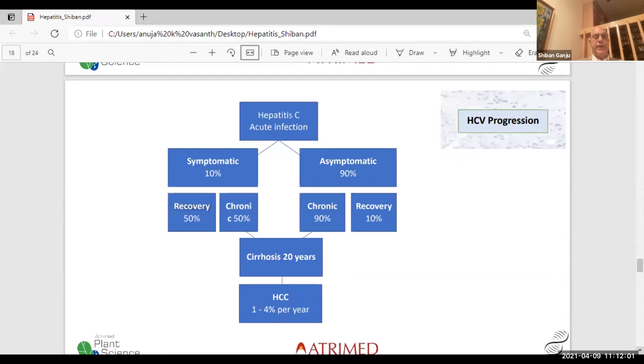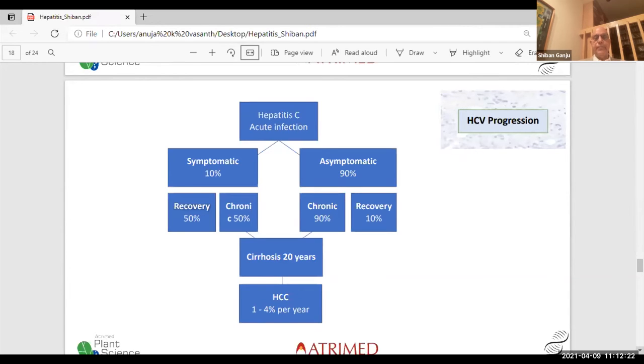Among the lucky symptomatic people, only 50% become chronic. So if you have a symptomatic hepatitis C, your chances of becoming chronic are less. But with the milder asymptomatic form, your chronicity is 90%.